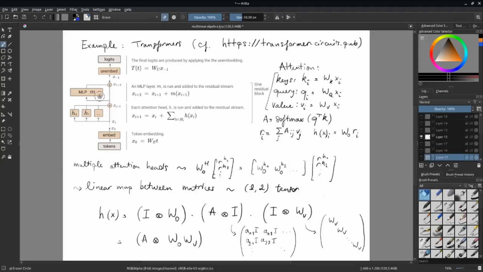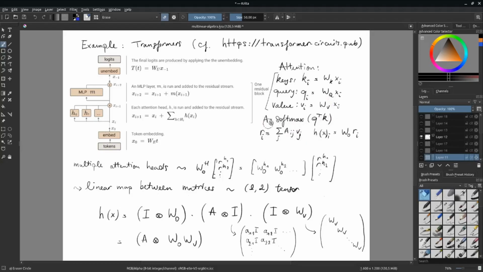They note that this is nice and all, and we can write explicitly how these attention heads work. I first have to take my key, query, and value vectors by taking my xi from the residual stream, as it's called, and applying three different matrices to it.